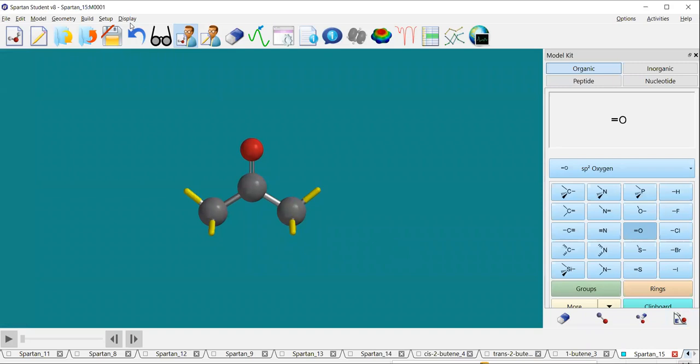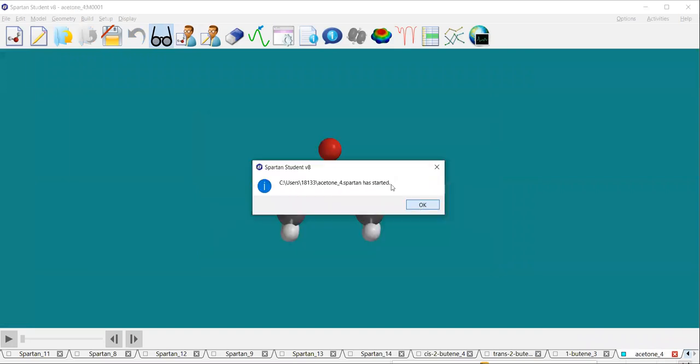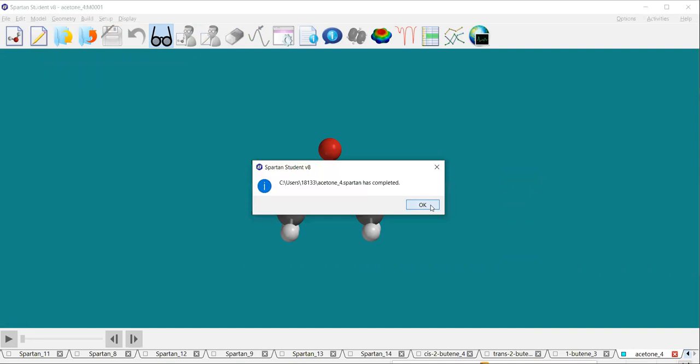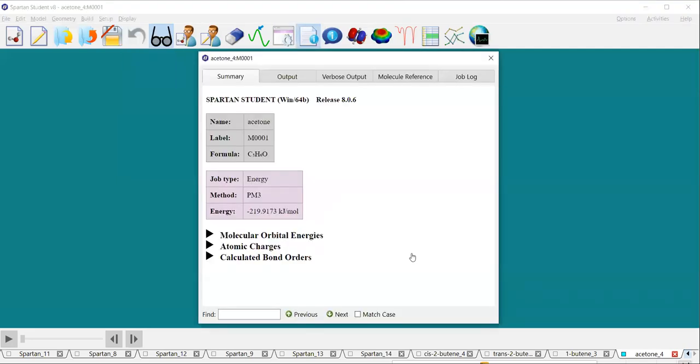Now, again, I have to submit it to calculations. So, and check the energy. It is negative 219.9173 kilojoules per mole. Record this number.